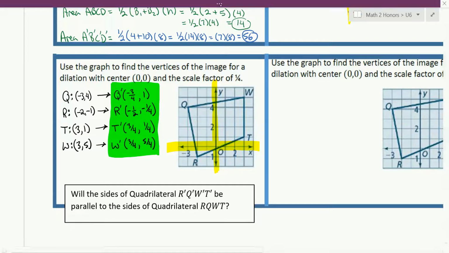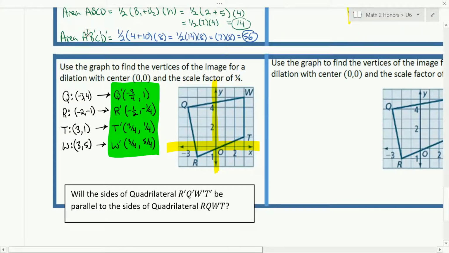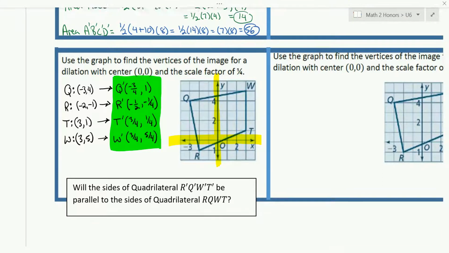What do you think about the question below it? Will the sides of the new quadrilateral be parallel to the sides of the original? And it is true.